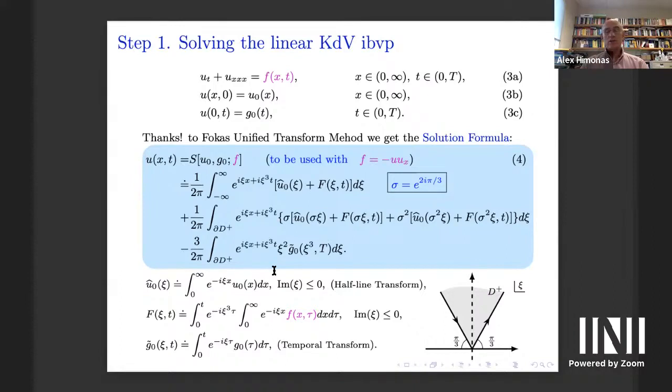If you have not seen it before, it will require some time to absorb, but we will see it again. What we see here is the half-line transform of the data, which is defined here.